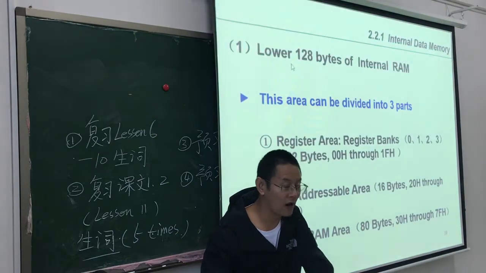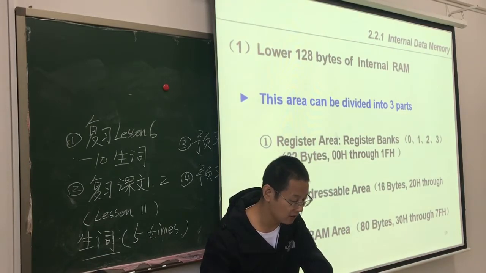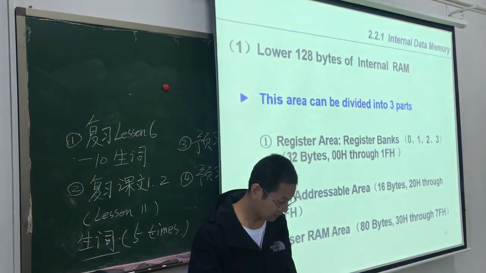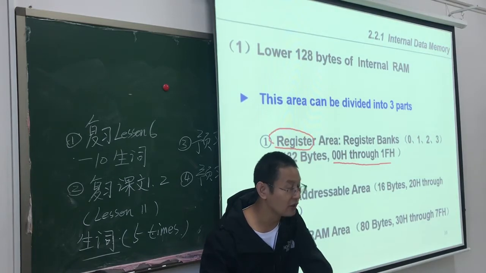The lower 128 bytes of RAM, we can divide into 3 parts. First part, 00 to 1F is for registers. If you know something about the microcontroller, you know R0, R1, R2, R3 are used by the user.